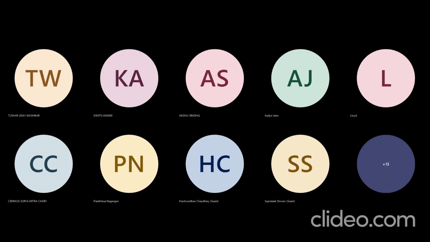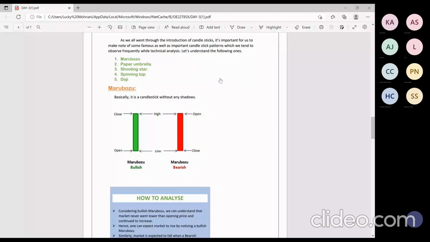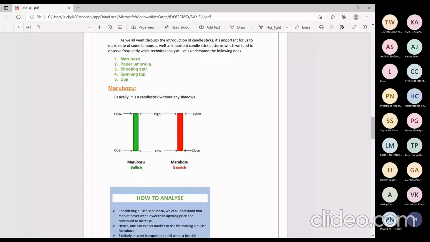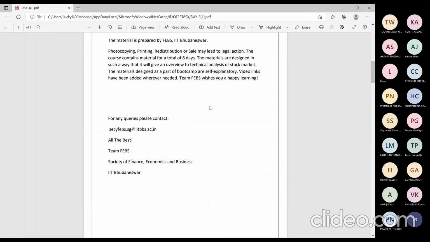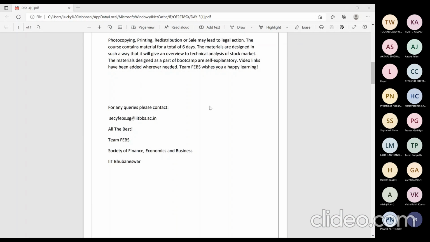Now wait, I would like to share my screen. Hello, is the screen visible to everyone? Yes, Lalit, it is visible.